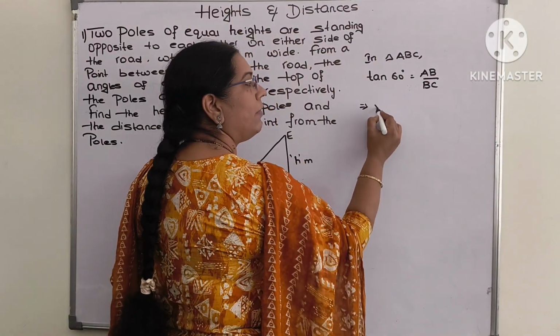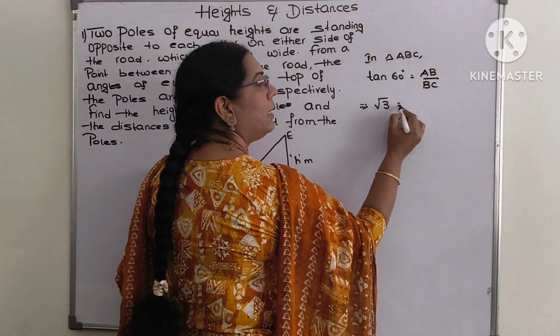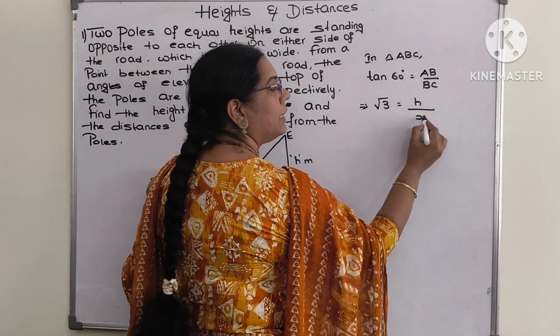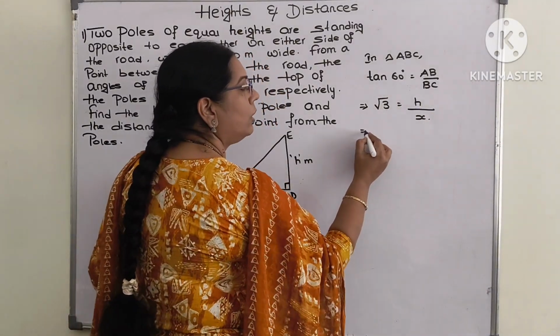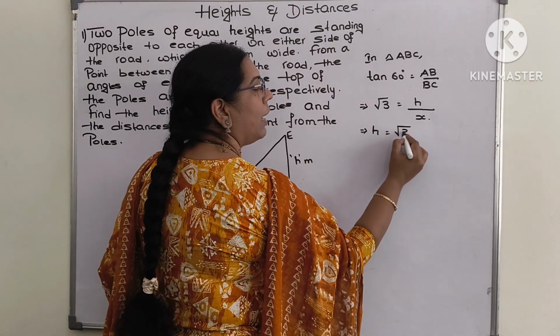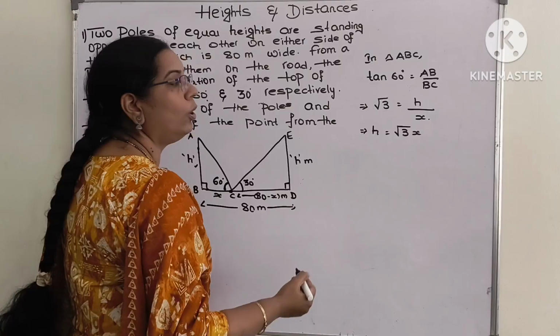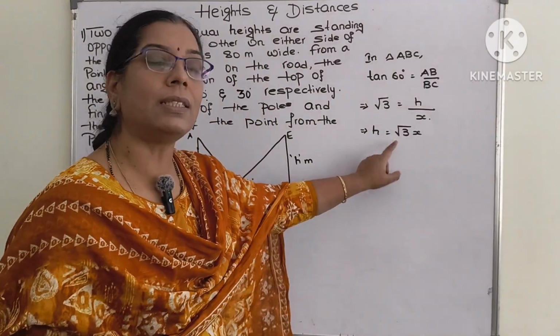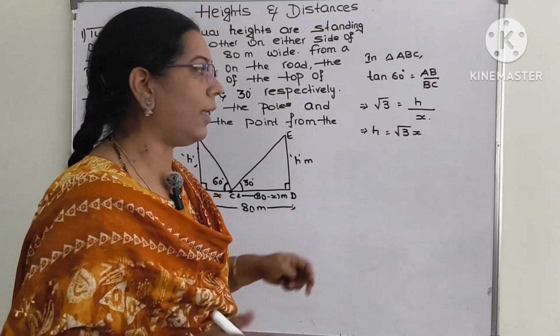What is the tan 60 value? Root 3 is equal to, I considered AB to be h and BC to be x. Now do the cross multiplication. I get the height of the pole to be root 3 x. This is not the proper answer, an intermediate answer, keep it like that.